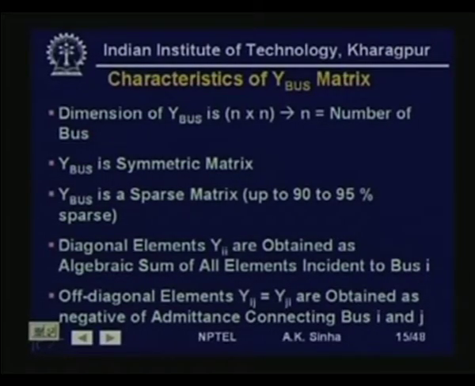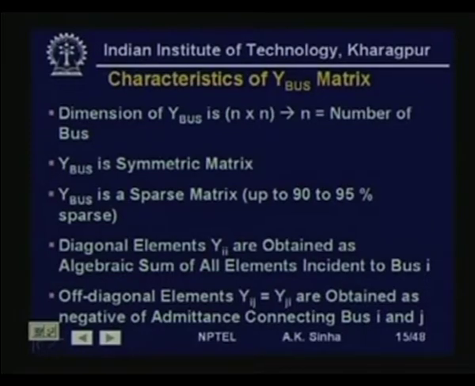Another aspect is Y bus is symmetric. This is mainly because the admittance Y12 is the same as Y21, because it is the admittance of the element which is connecting bus 1 and 2, and since this is a bilateral element, the matrix will be a symmetric matrix. Y bus is a sparse matrix, as I said earlier, that the nodes which are not connected to each other, those elements Yij for those buses are 0.